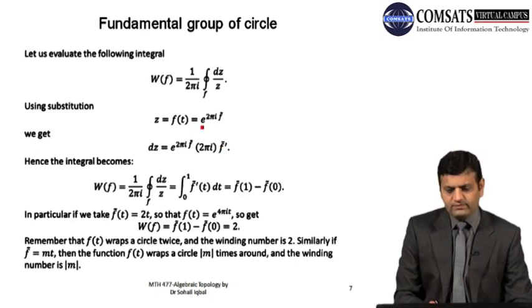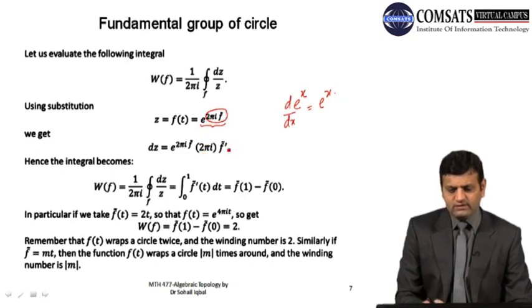The outside-inside rule says to take the derivative of the outside function, which is just this, because the derivative of e raised to x is e raised to x, and then the derivative of the inside function.